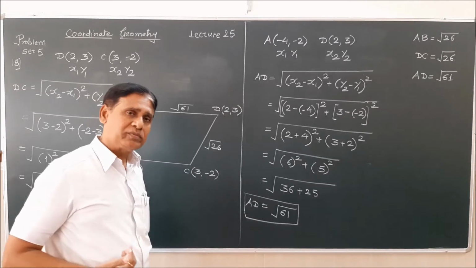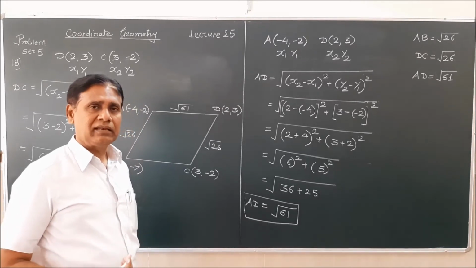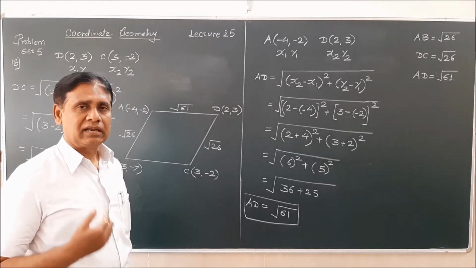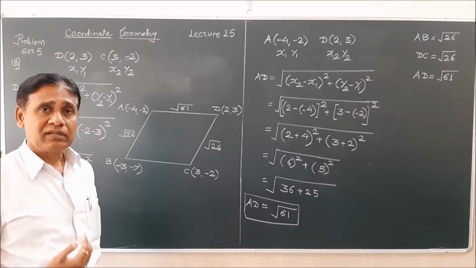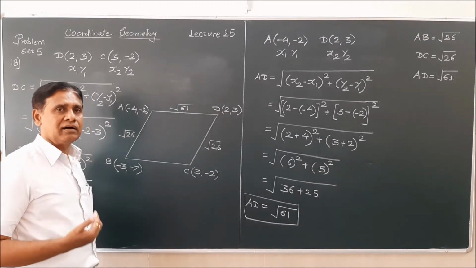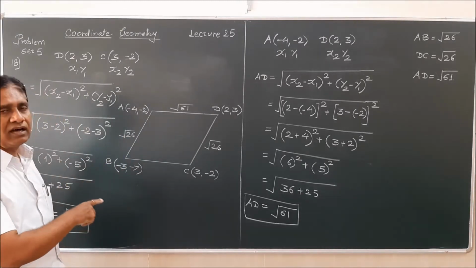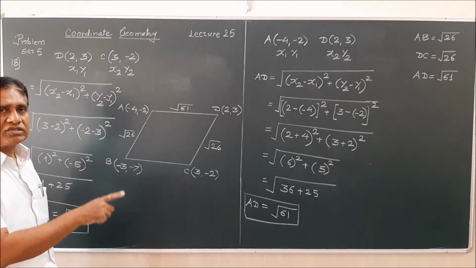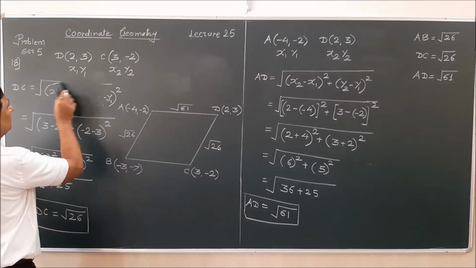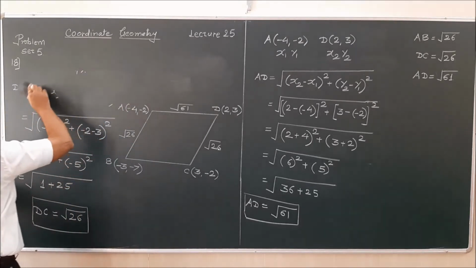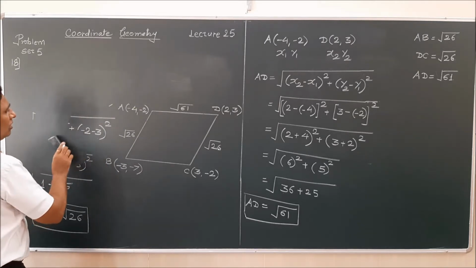If their slopes are also the same, then I use the property that opposite sides are congruent and their slopes are also the same, therefore these vertices form a parallelogram. Now let's see. I am going to find out BC.